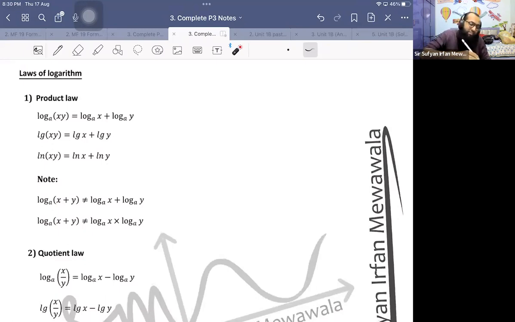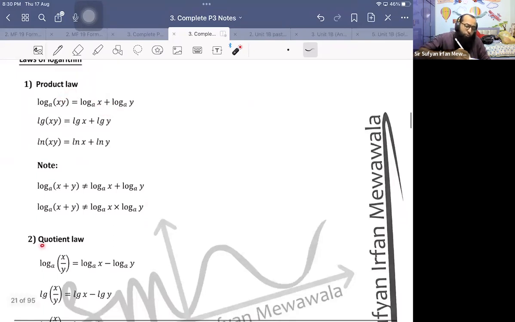Product law tells us that if log with a certain base is applied on a product, log of x into y with a base of a, and you open it, then it converts into log of x with a base of a plus log of y with a base of a. So multiplication gets converted into addition.